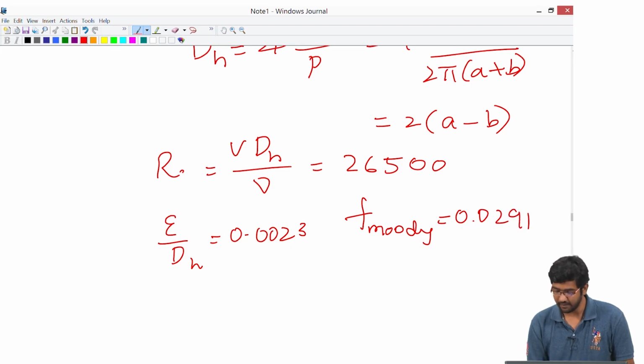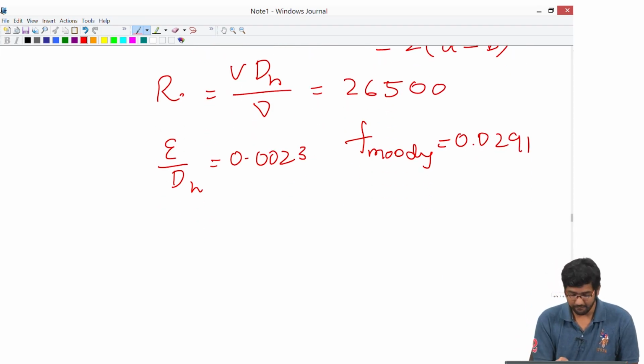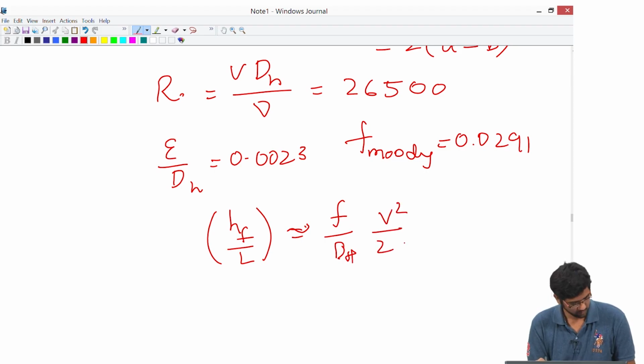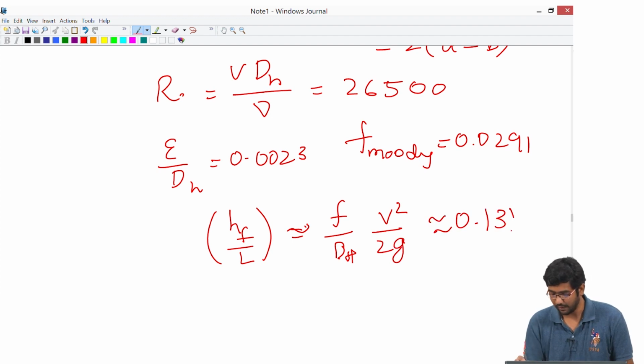Now we have the friction factor, from which we can calculate the head loss in the same way as we did for the circular pipe. It is going to be an approximate value because we are using the hydraulic diameter concept. This will be around 0.131.